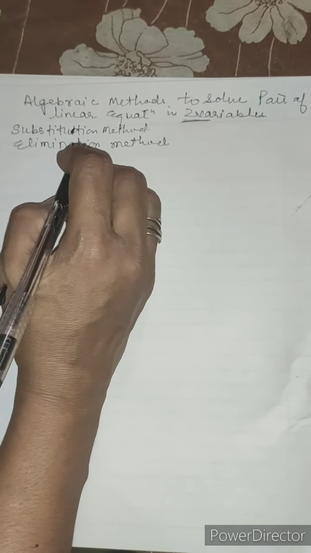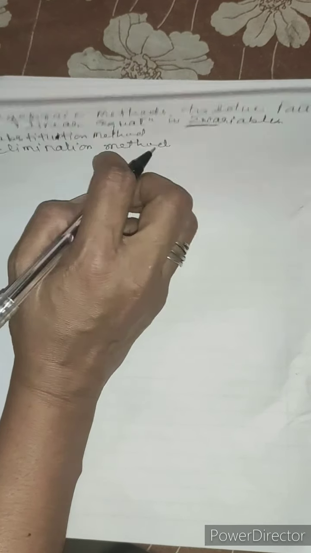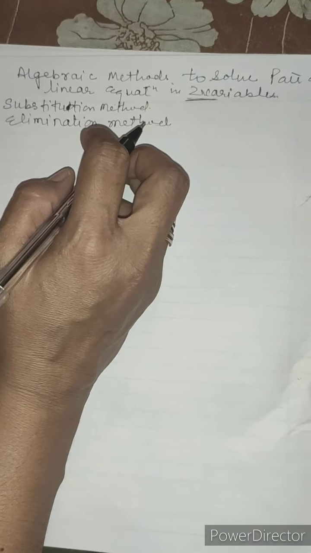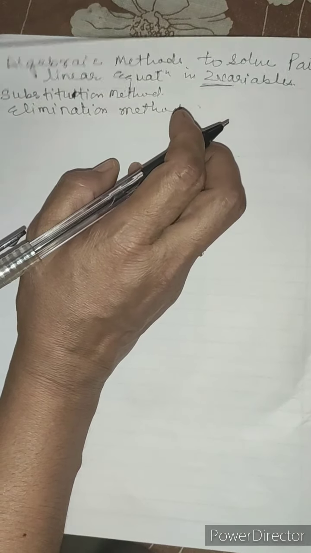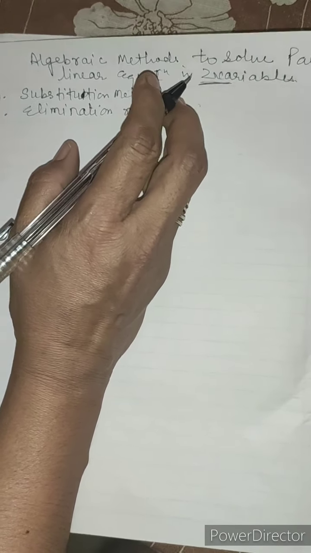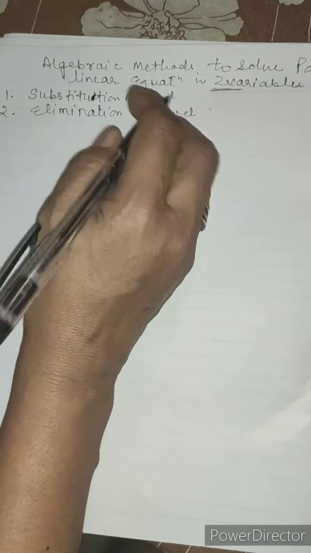So one variable out of the two variables is eliminated by making the coefficient of that variable equal in both the equations. After eliminating one variable, we are left with an equation with one variable that can be solved, and the other variable's value can be found by putting the value of the second variable in any of the two equations.